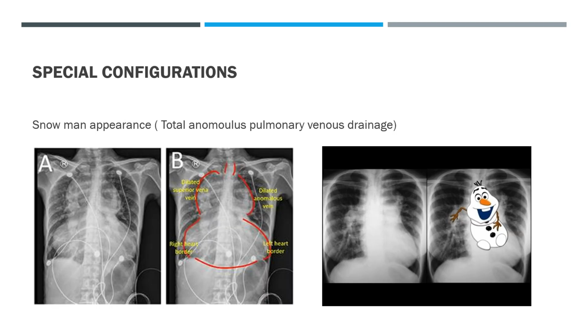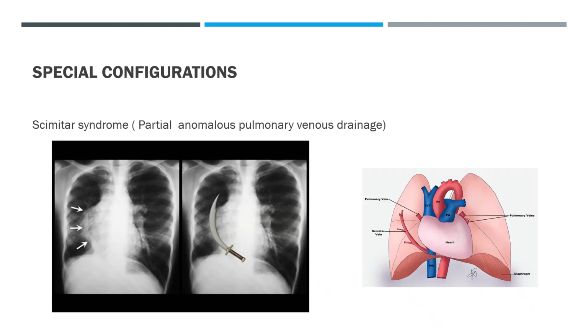Also, another special configuration in cardiac patients is the snowman appearance, which appears in patients with total anomalous pulmonary venous drainage. Also, patients with partial anomalous pulmonary venous drainage might be a part of a scimitar syndrome, which can appear in the chest X-ray.